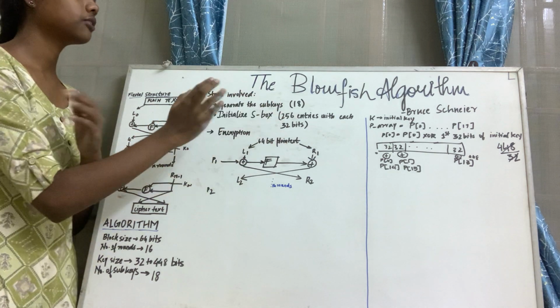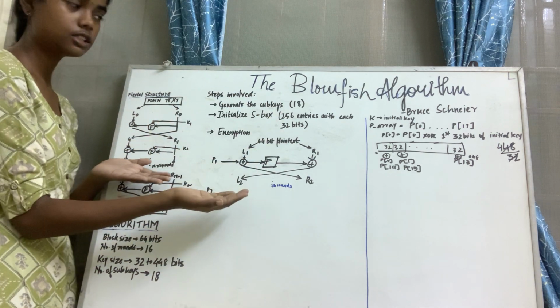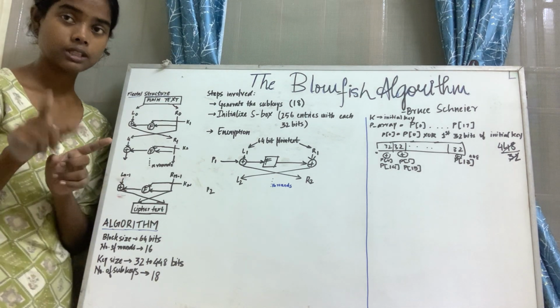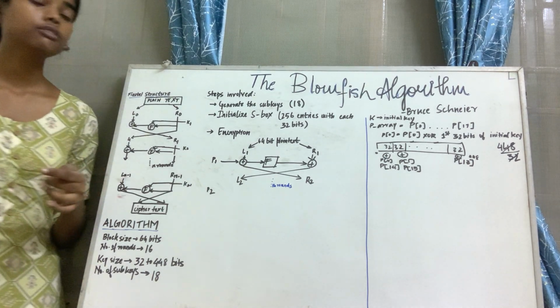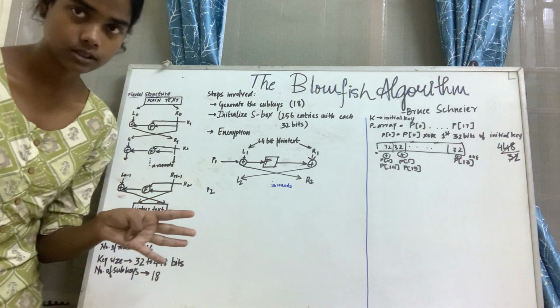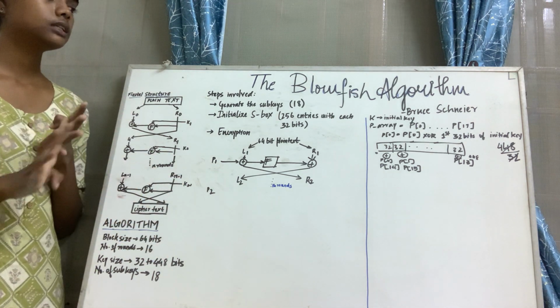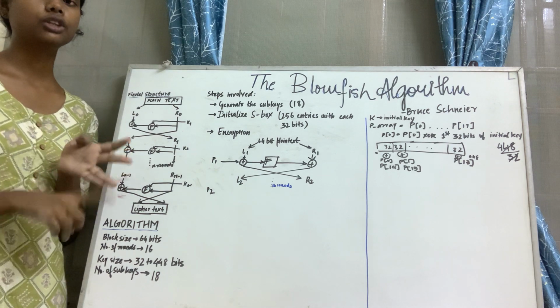For the given algorithm, 256 entries will be there for the substitution boxes, and we will be using 4 substitution boxes for the algorithm. These entries will each be 32 bits in size.